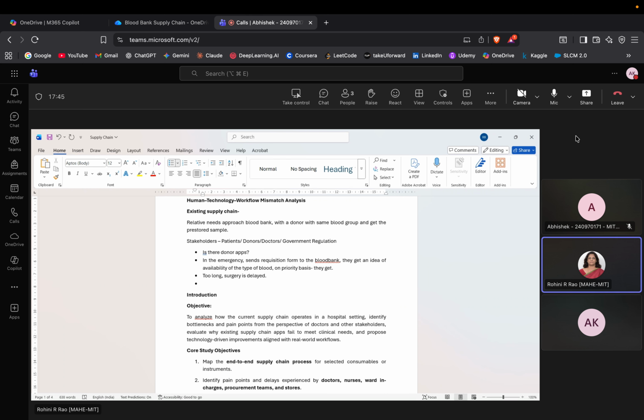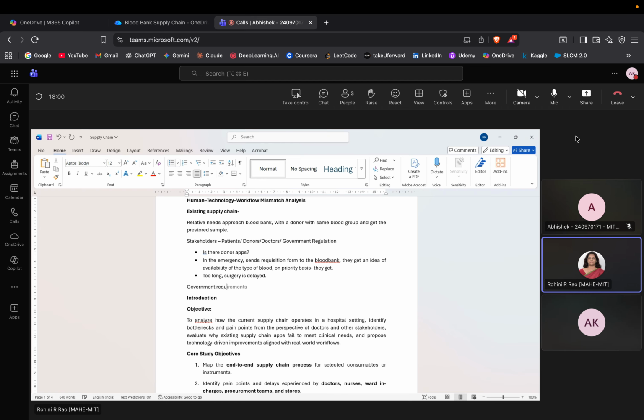And from what I understand, the government regulation is there, a lot of it, in terms of donors. Then the requisition slip has to be handwritten, I think. And once the blood is received, it undergoes some testing.